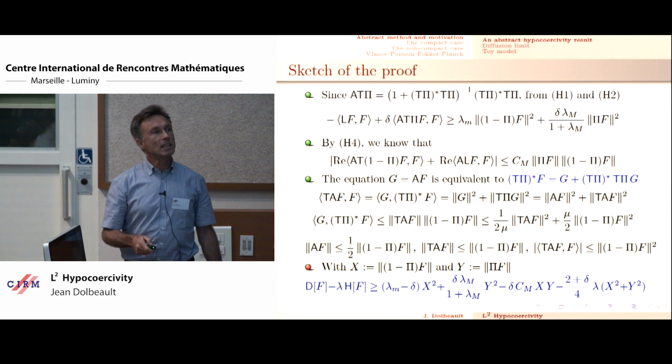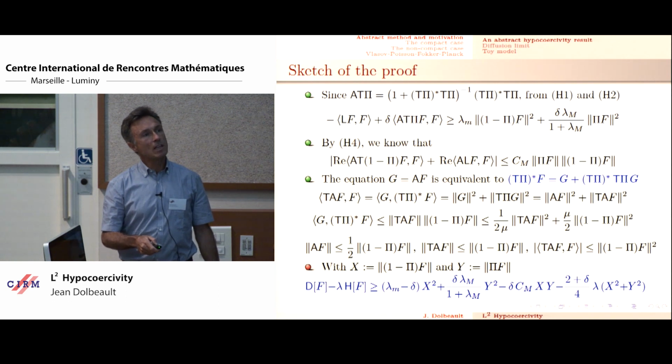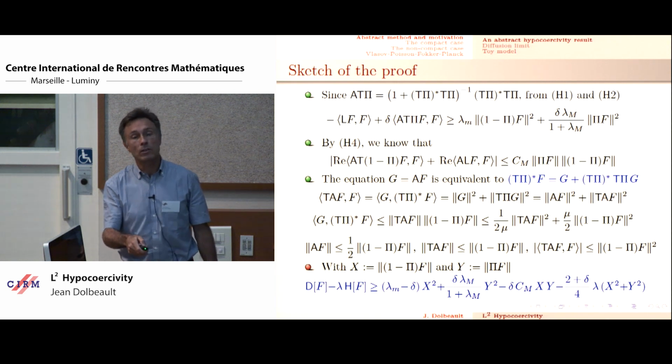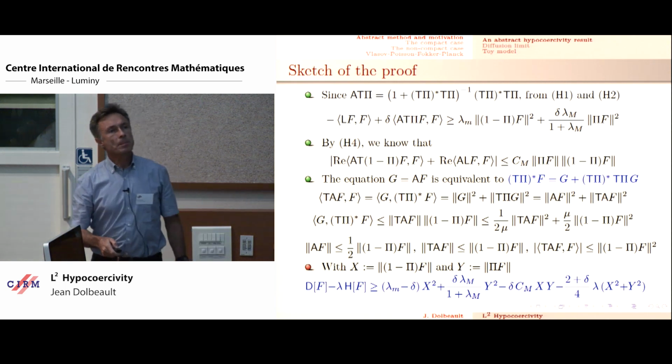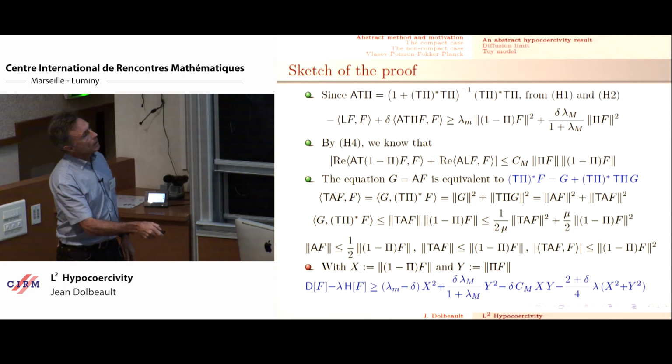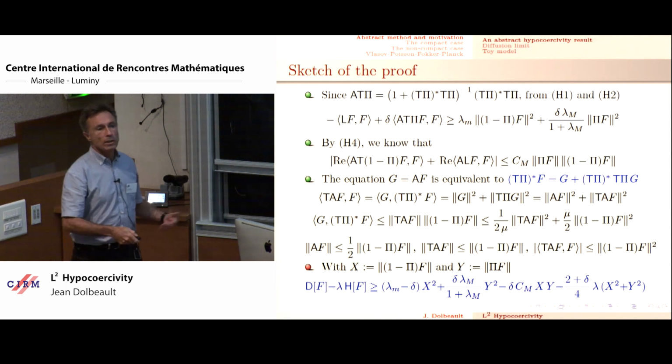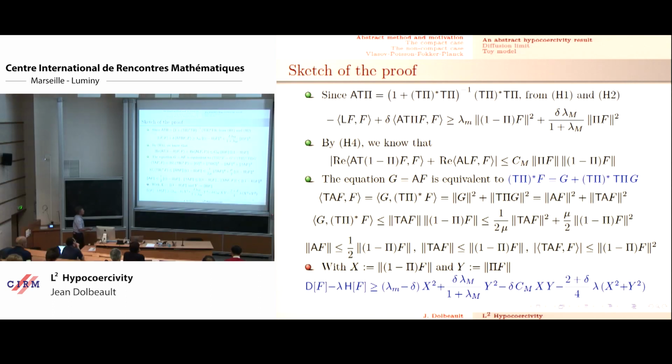And you see that for delta small, here you have a lambda m, here you have something which is of the order delta, and this is a cross term which is also of the order delta, so it's clearly controlled by this. You could even control the square root of delta. Now, the term that comes from here is here, so you can discuss and try to, for a given delta, optimize lambda or vice versa.